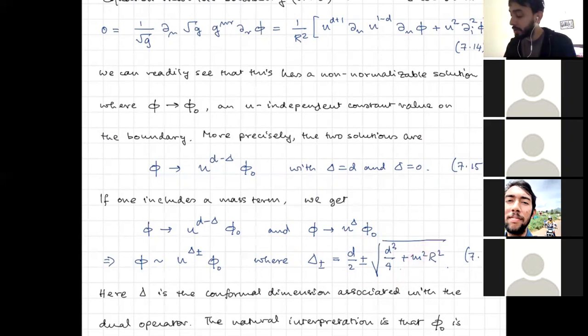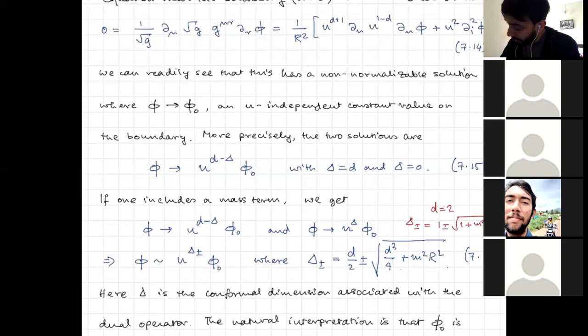Now what you would have is d equal to 2. So this just becomes delta plus minus is 1 plus minus root over 1 plus m squared L squared. Let's get rid of the L squared.